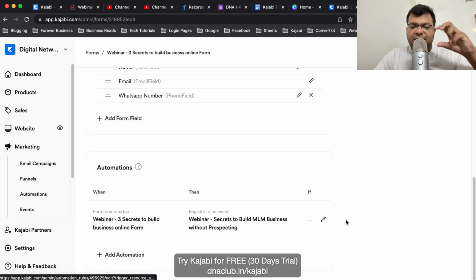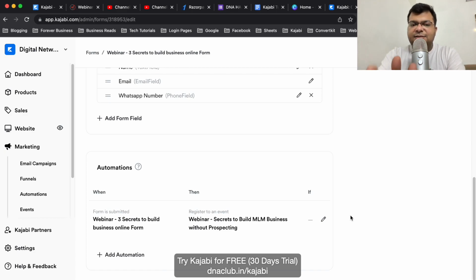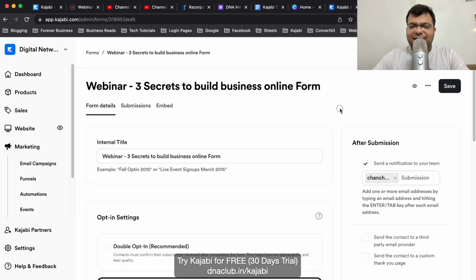I have also connected this form with an event, and at the event level, I have set up automated emails. So multiple automations happen in the back end, and a notification is also sent to one of my team members so that he or she can notify the person through WhatsApp manually. But automated emails also work.